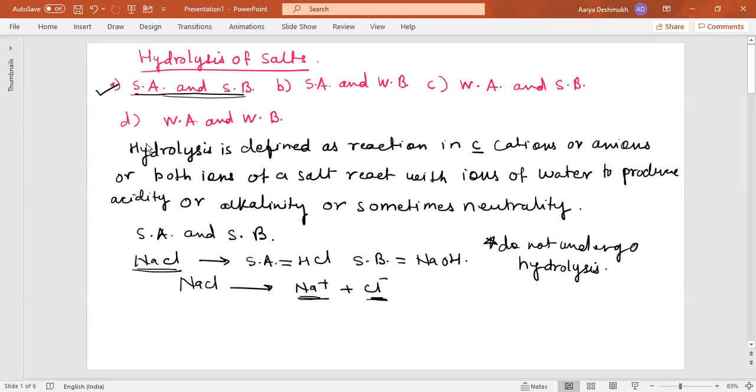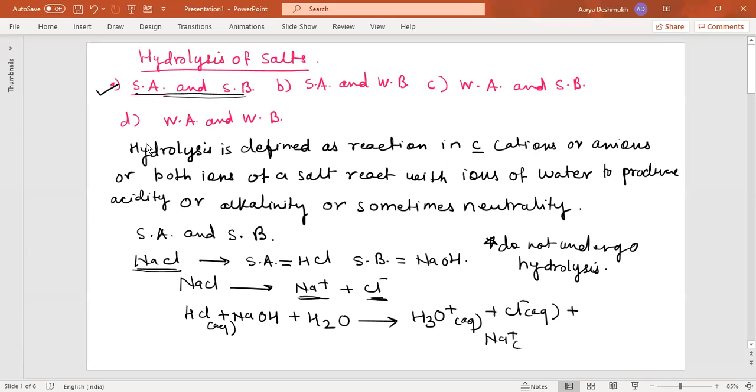Okay. Now, this is a simple reaction you can write: HCl plus NaOH in aqueous medium plus water will form H3O+, protonium ion, plus Cl-, that is chloride ion, plus sodium ions and OH- ion.